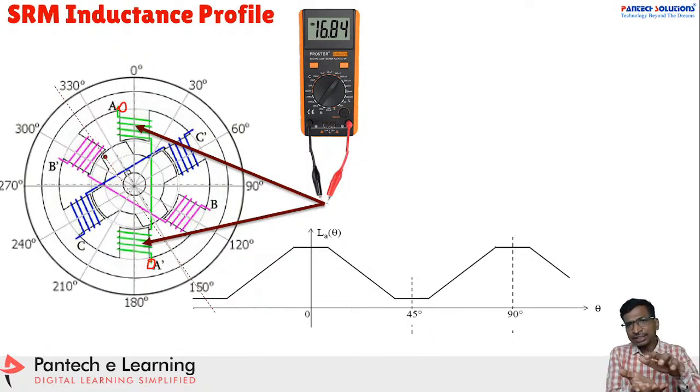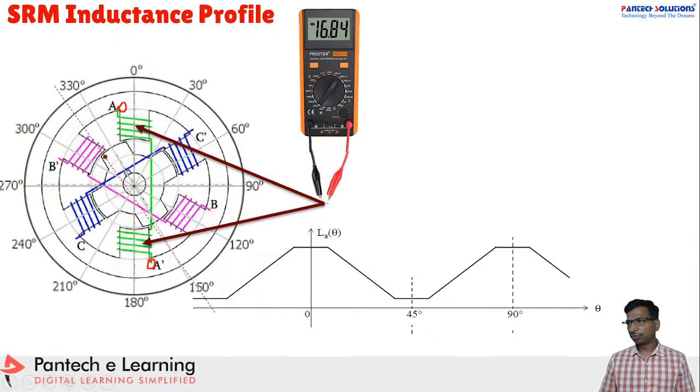The stator is fixed. You just connect the LCR meter across the winding and rotate the rotor alone, manually. You have to do that accurately, so that each and every step changes equally.